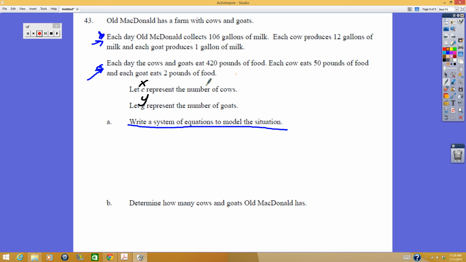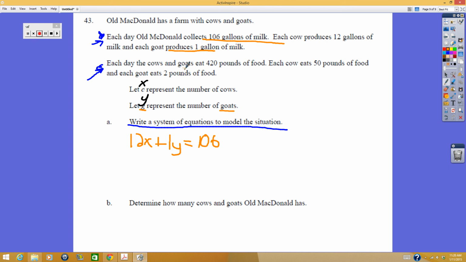So 12 gallons of milk for each cow, with X for cows, plus 1Y for the goats. And each day that equals 106 gallons of milk. So that would be the equation for that first little paragraph.